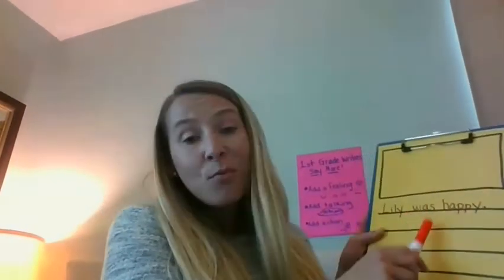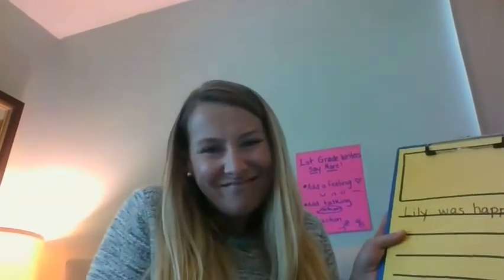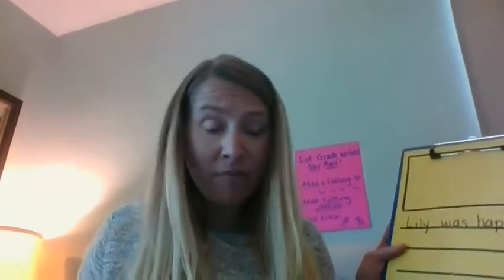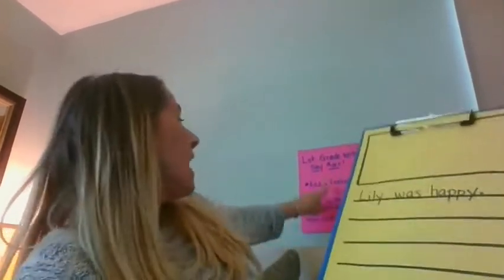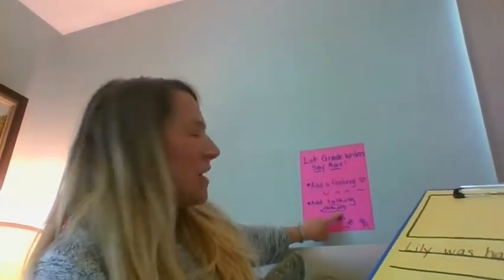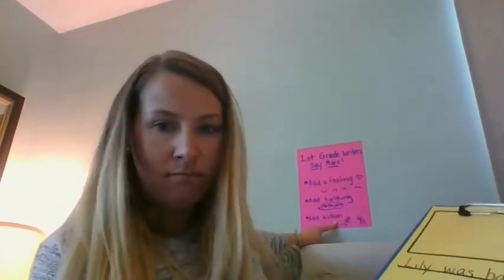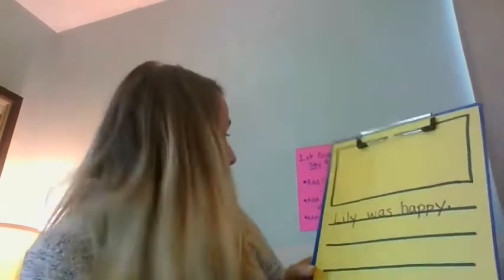Let's wrap our story up, okay? At the end, we're going to wrap a bow around our story and we're going to kind of tie up the ending. Lily was happy. I told you not to laugh at Mrs. Morris. You guys are here to help me. Okay, let's think. Lily was happy. I have a feeling. I don't have talking and I don't have action. Let's try to add all three in, okay? Lily was happy.